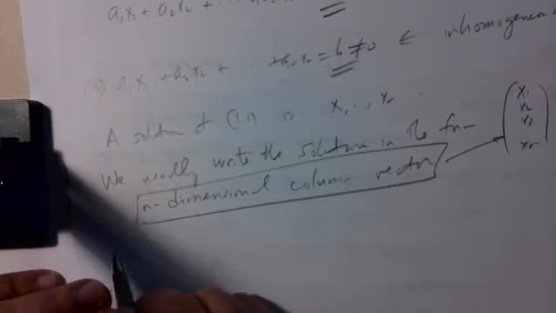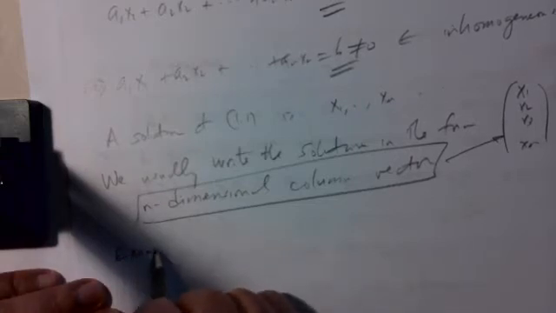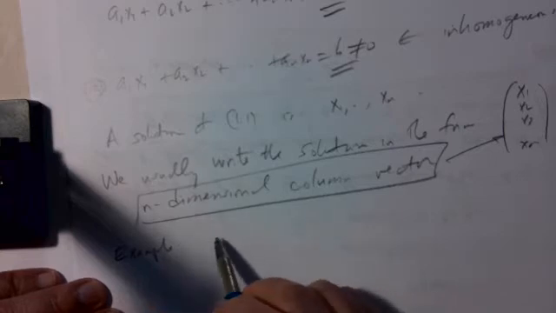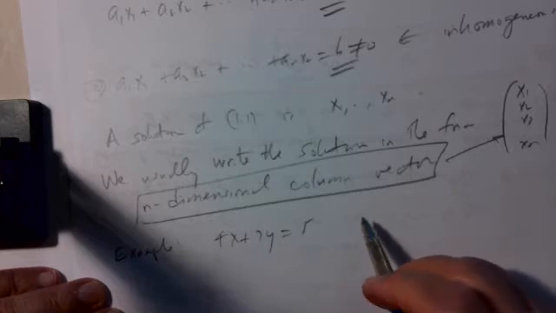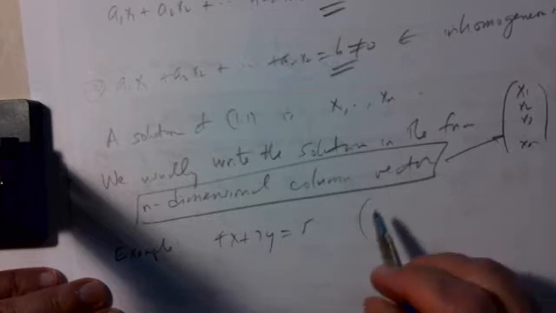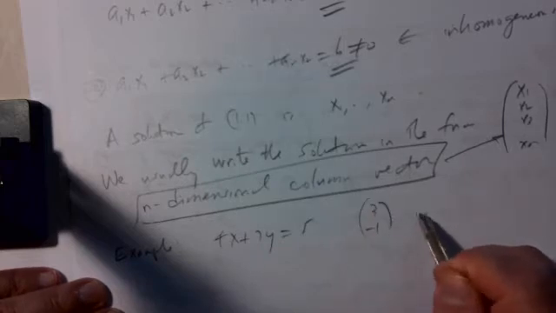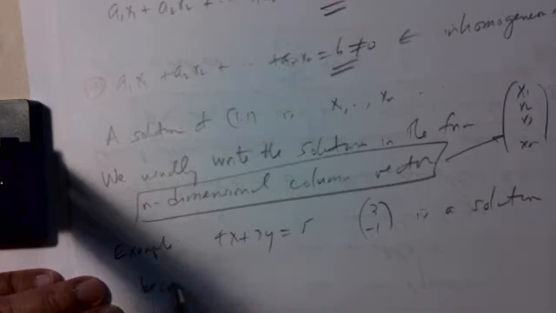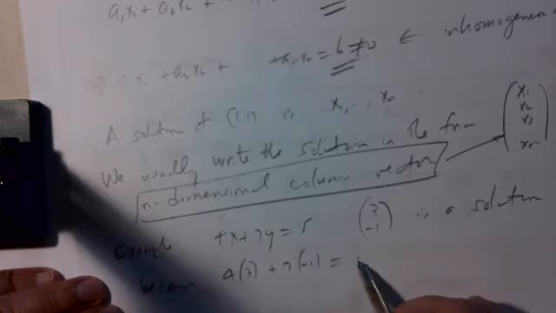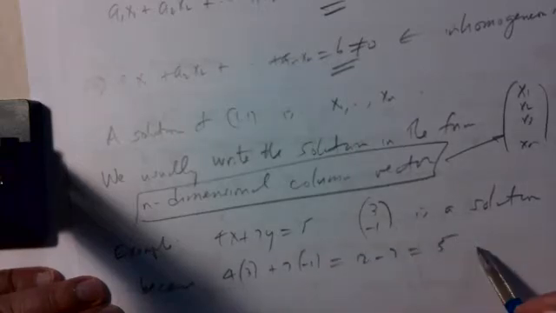That's what we mean by a solution of the equation. So for example, if you have the equation 4x plus 7y equals 5, the vector (3, -1) is a solution, because if you plug in the numbers, 4 times 3 plus 7 times -1, that's 12 minus 7, that's 5.